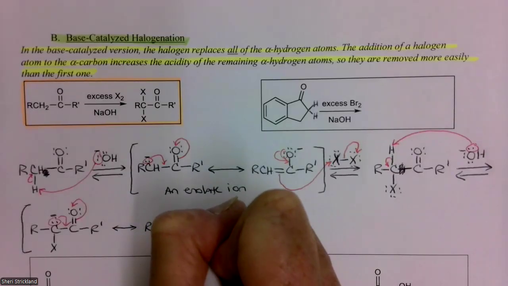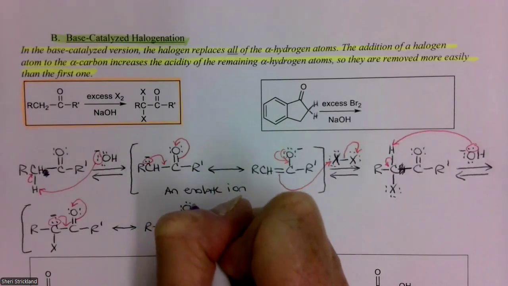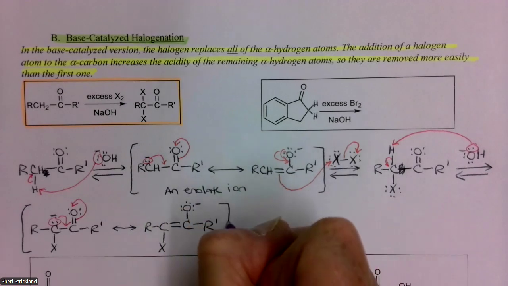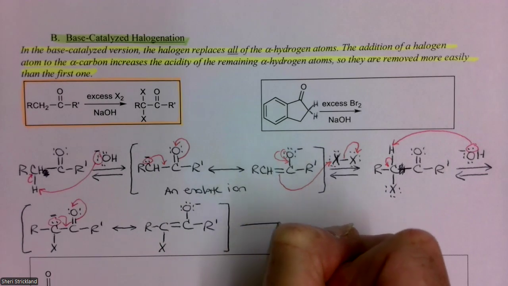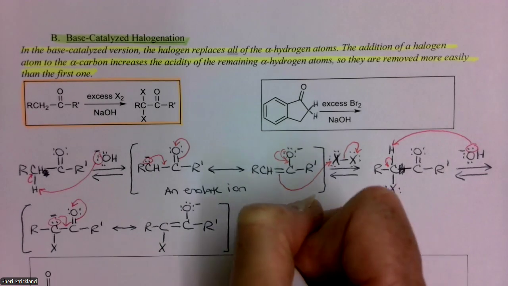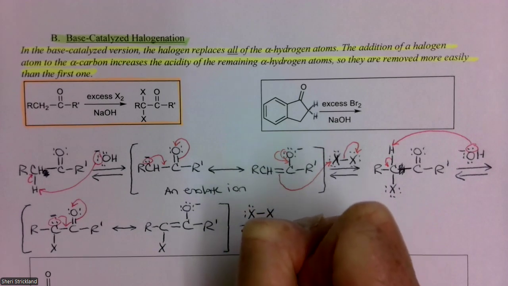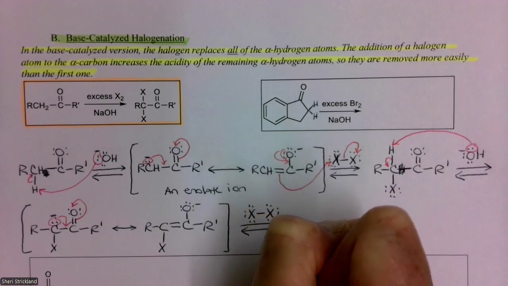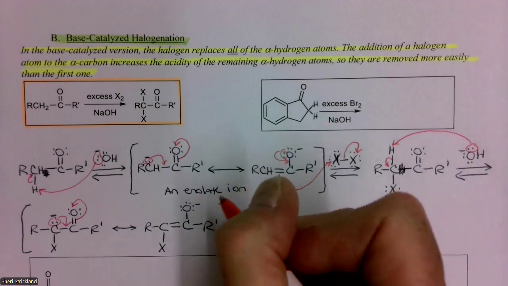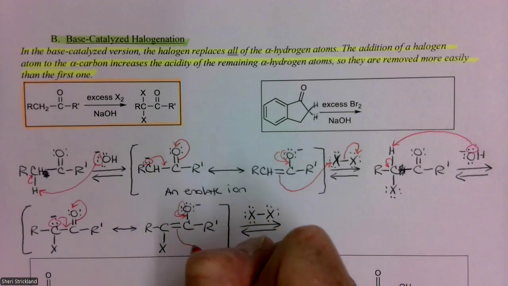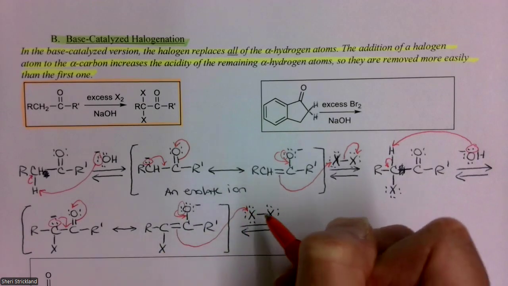All right, so we make this and this, and then a second electrophile adds, and it stops there only because we only have 2 alpha hydrogens. Otherwise, this could take place multiple times until every one of them was replaced.